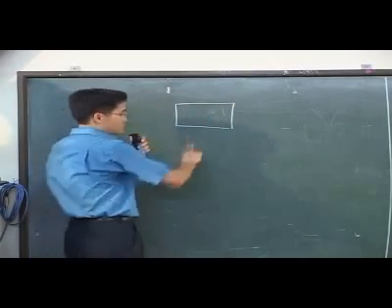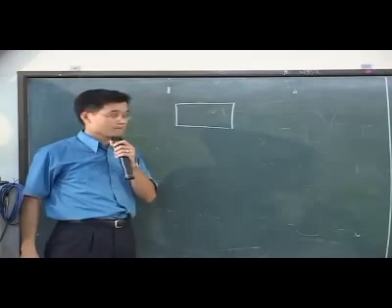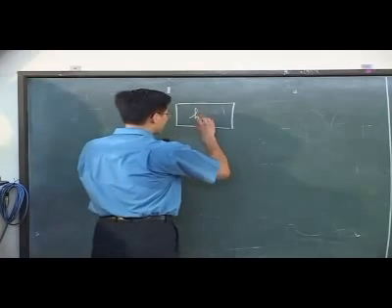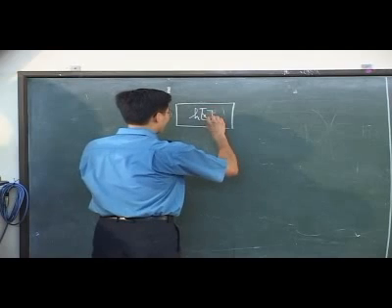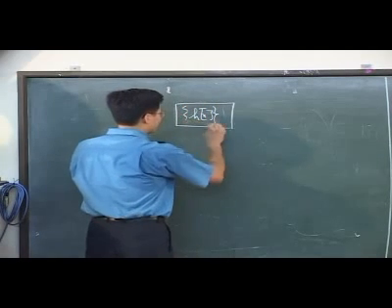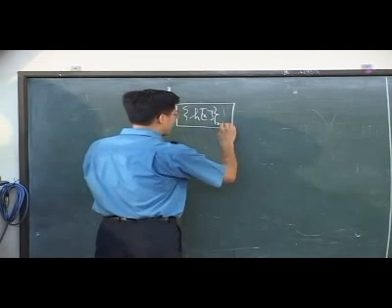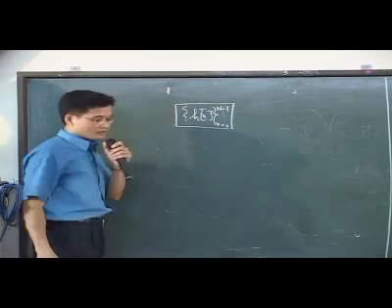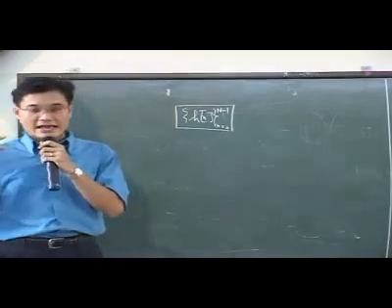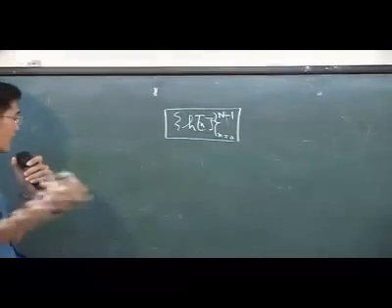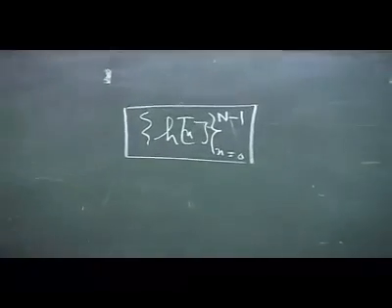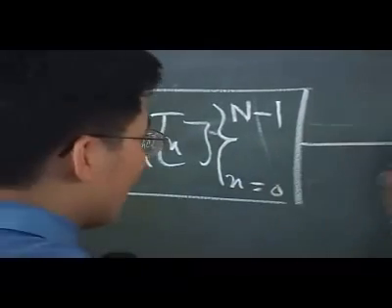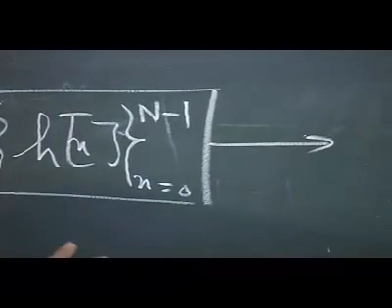Here is the black box I need to design, and it is a filter h of n. To make it simple, I let n go from 0 to N minus 1, so I have a length N filter, and we need to design this filter.